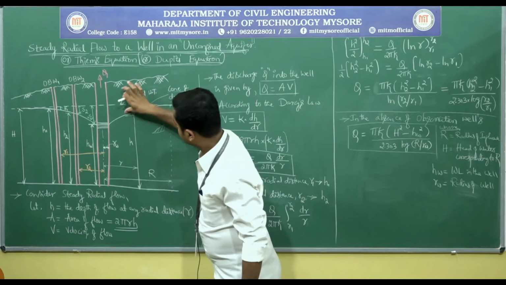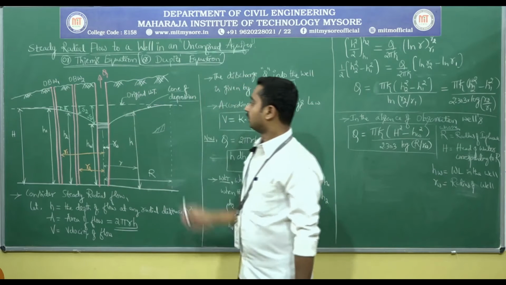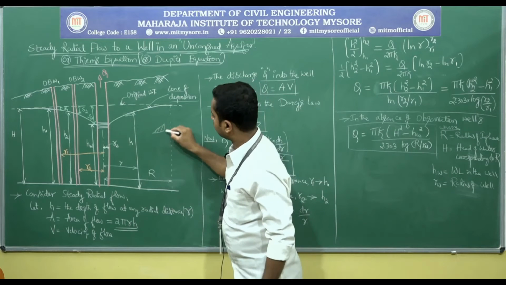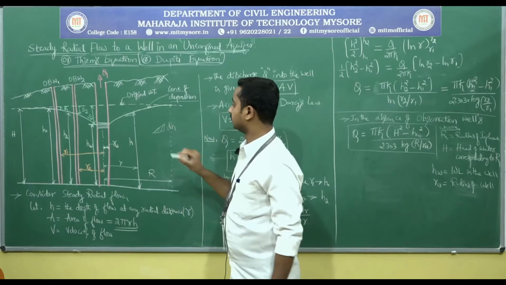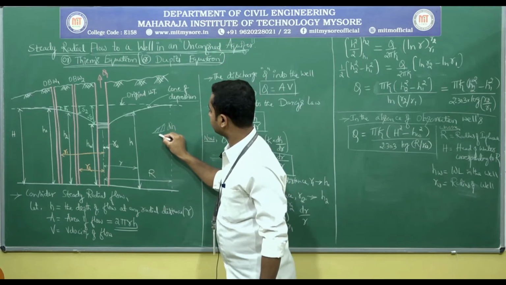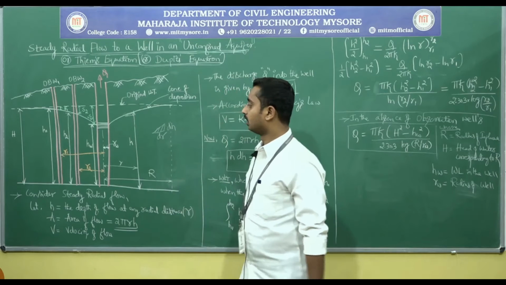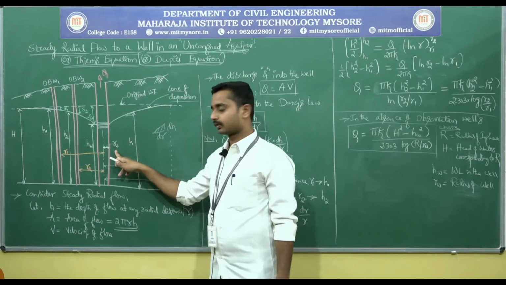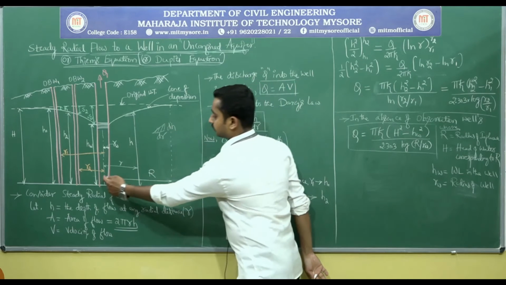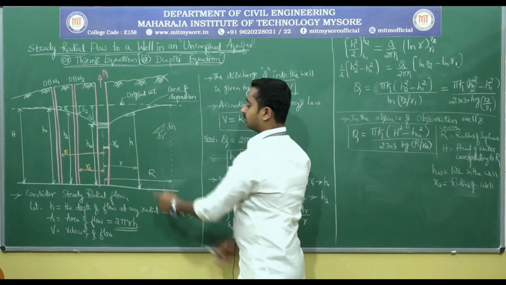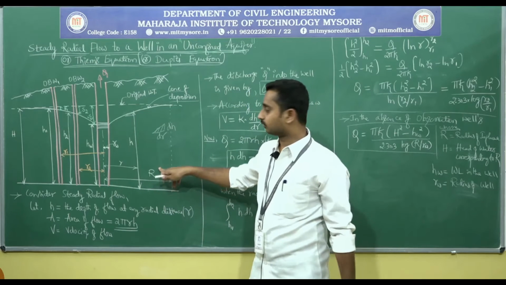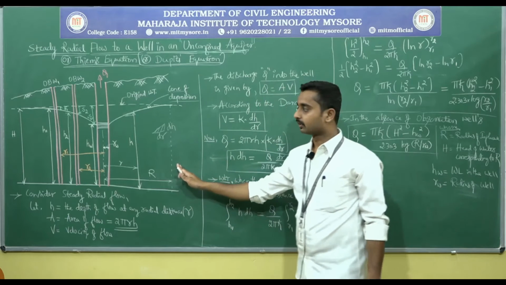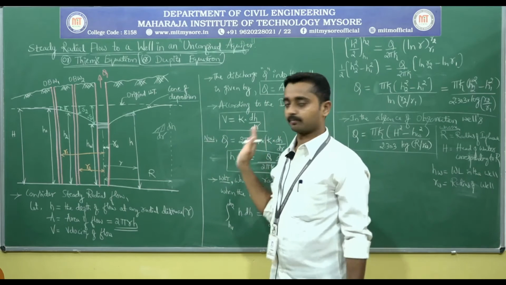The small element has height h, a small height dh, and a small distance dr. This is the radius of the pumping well, rw. From the center of the pumping well, this is the radius of influence R, to the end of the cone of depression. Carefully observe the diagram.